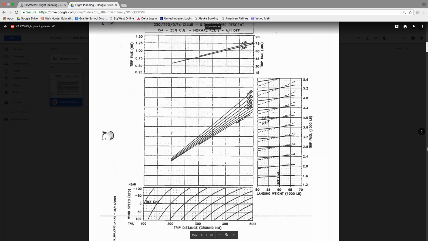So we come over here 2 dots, and halfway between those 2 dots we follow that up to our reference line straight up. Then we follow the curved line to our 47 knots. Then from our 47 knots, we go to our flight level. From our flight level, we can go straight up to our flight level up here and then peak out. Or we can go over to here.